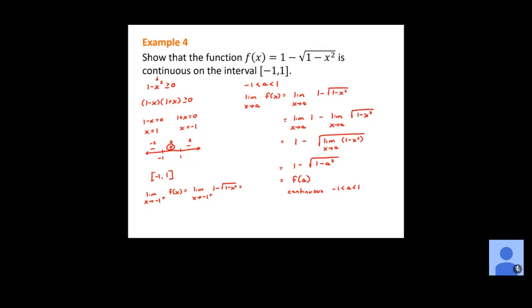It's going to give us 1, right? Because if we substitute the -1 in for x, that's going to give us a -1 squared, which is 1. 1 minus 1 gives us 0 under the square root, and then 1 minus the square root of 0 is just 1. Okay, so we get 1 for that limit.